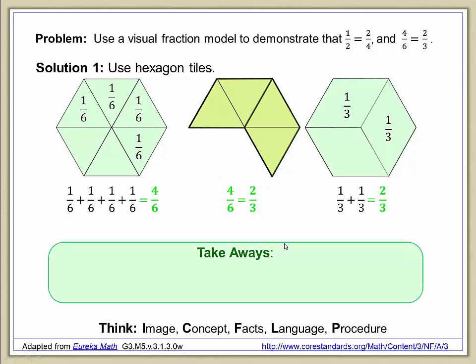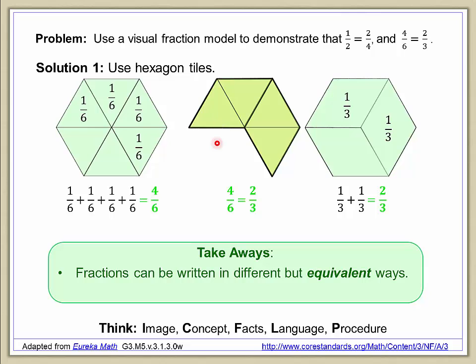So our takeaways here are first that we can write the same fraction, the same piece of a whole, in different ways that are equivalent. They represent the same amount of the whole. 4 parts when you break the whole into 6 is the same as 2 parts when you break the whole into 3.